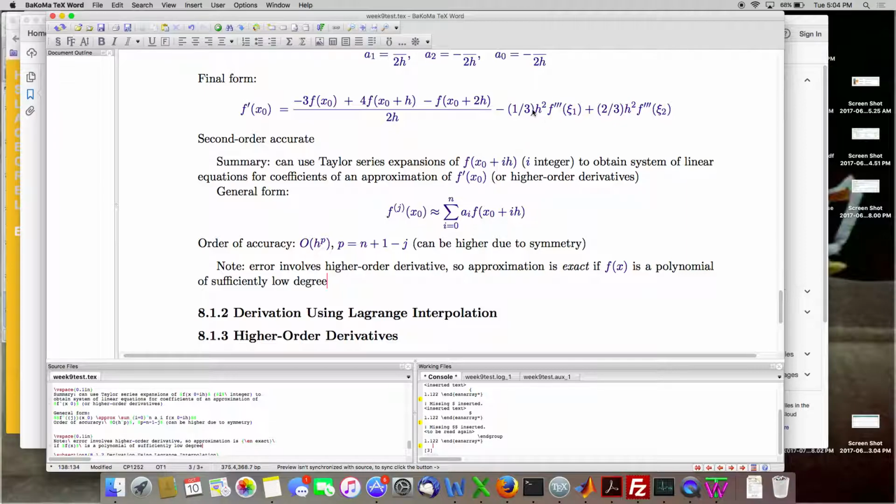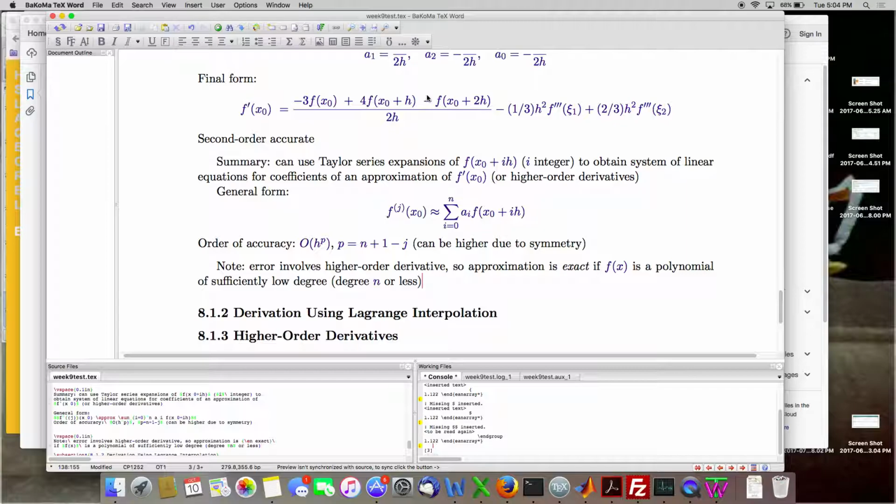For example, here the error involves a third derivative, so this approximation is exact for any polynomial up to degree 2. So really degree n or less, where n is the number of points that you're using.